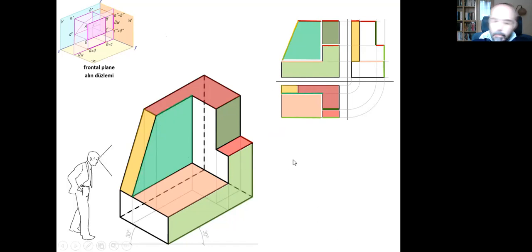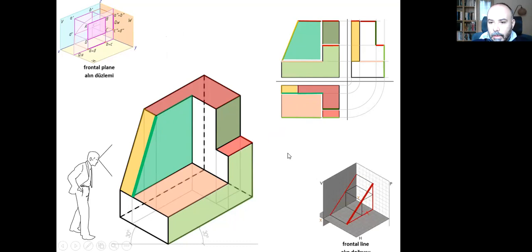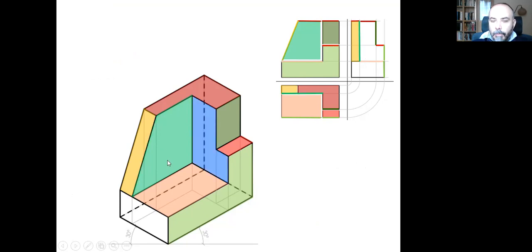And when I change my position and look at the surface here, I will notice that frontal line here, and because of the position, I should leave no gap there and leave a gap to indicate there is a distance difference.